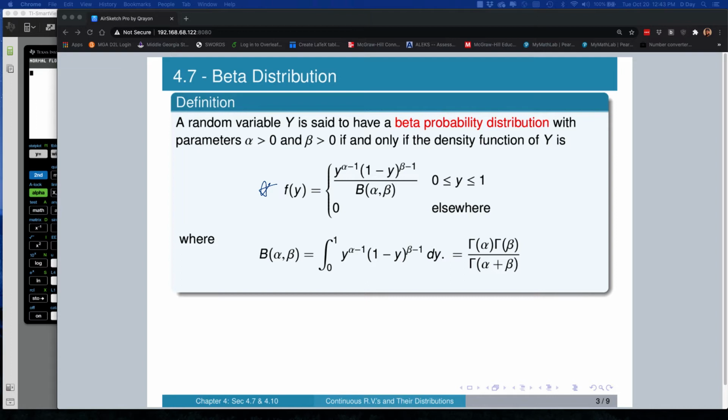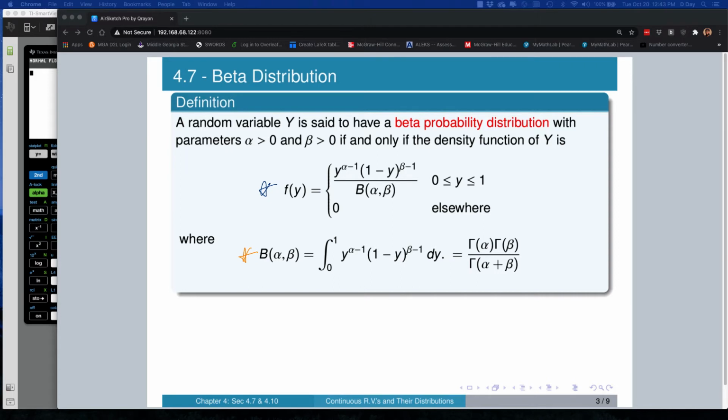This part looks very similar to our p times 1 minus p in the binomial distribution, so it has a similar feel to that. And then that's all divided by B of alpha comma beta, which is what we call the beta function, which is down here. And that exists from 0 to 1.